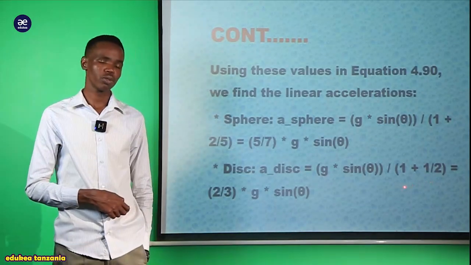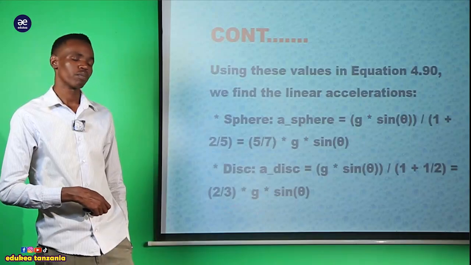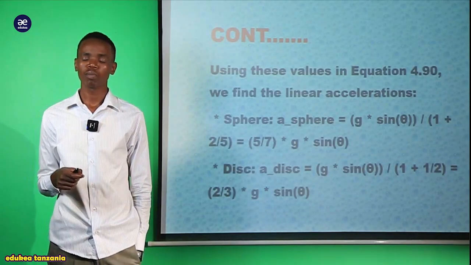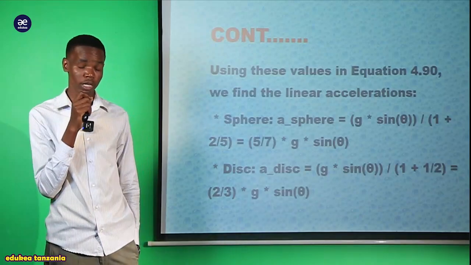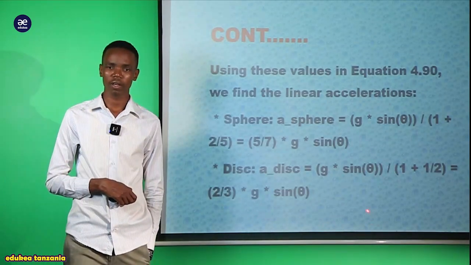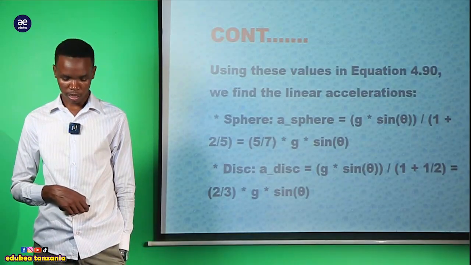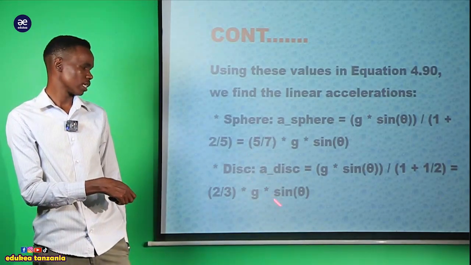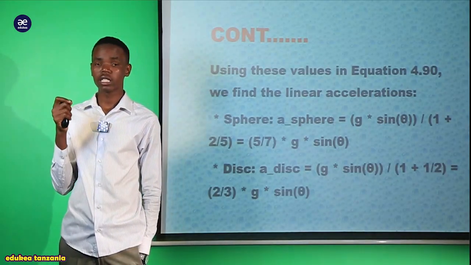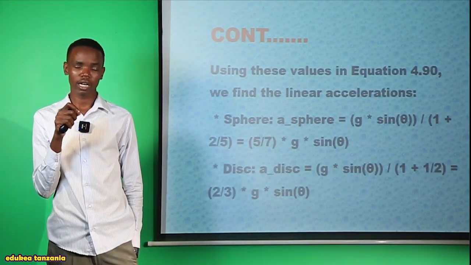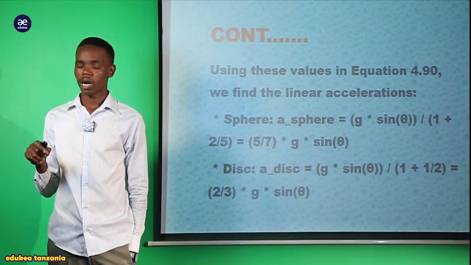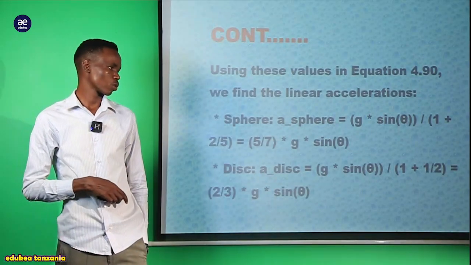Now if we substitute, we get that the linear acceleration of the disk must be equal to 2 divided by 3 times g sine theta. This will be the linear acceleration that the disk takes when it is released from the top and moves toward the bottom.